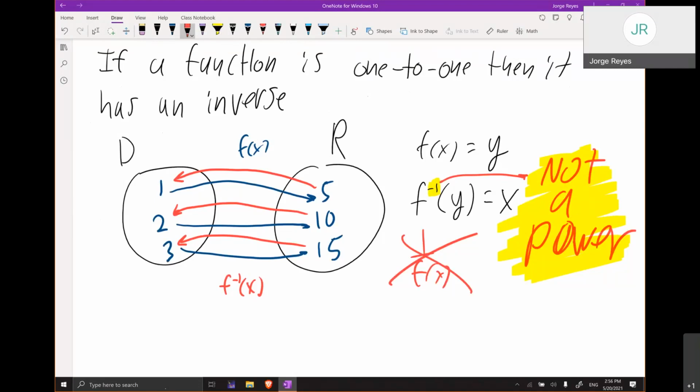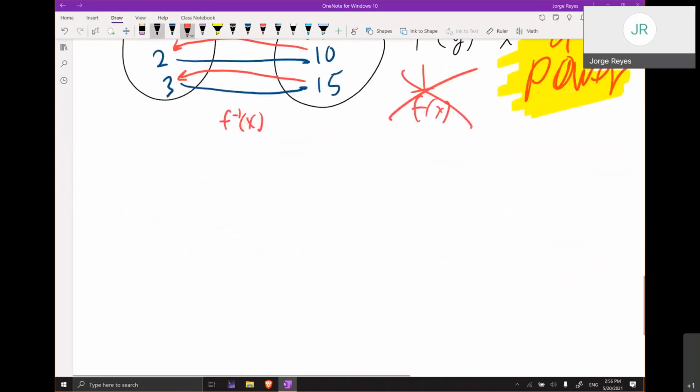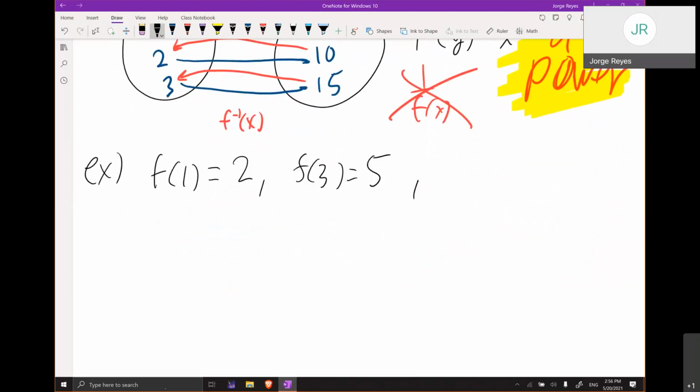Okay, so if an inverse just does the opposite thing, then you should be able to tell me what happens with this. If I have a function, I'm not going to tell you what it is, I'm just going to tell you this info: when you plug in 1, you get 2. When you plug in 3, you get 5. And when you plug in -2, you get 7.